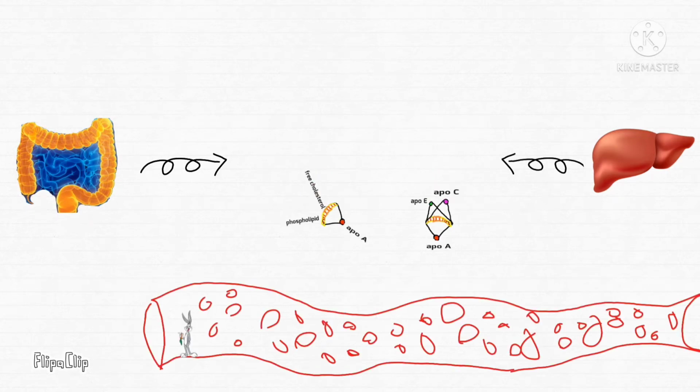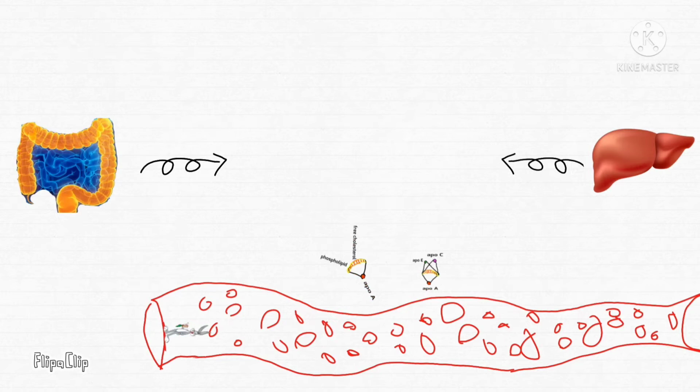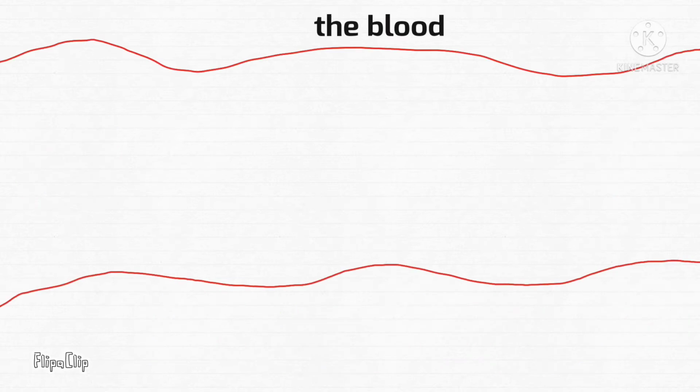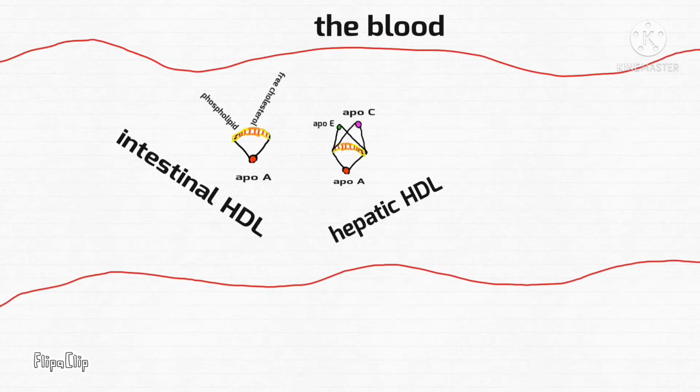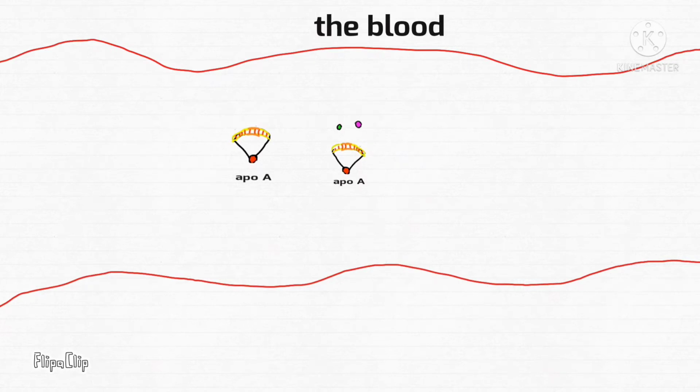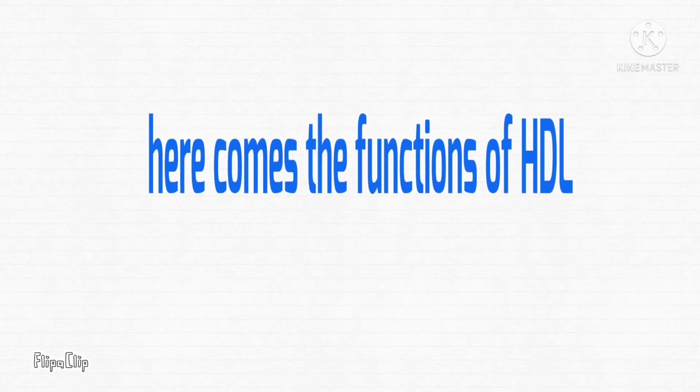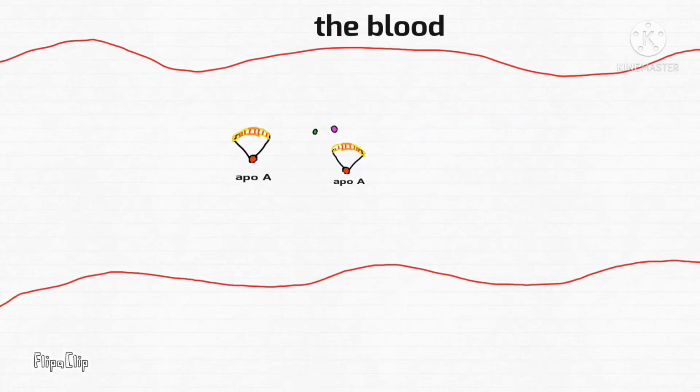So the newly formed disc-shaped HDL passes to the blood, where it has very important functions to perform. I have read several books about HDL metabolism, and I have noted there are slightly different scenarios between different sources that explain HDL metabolism.